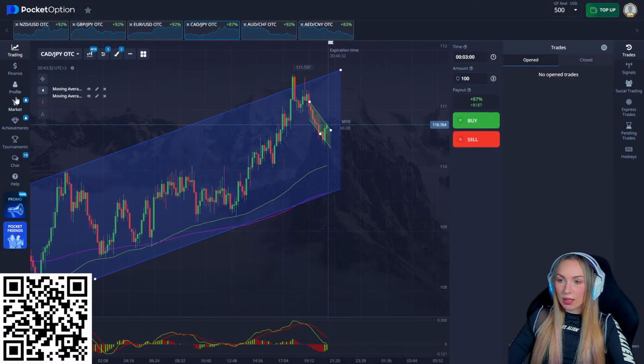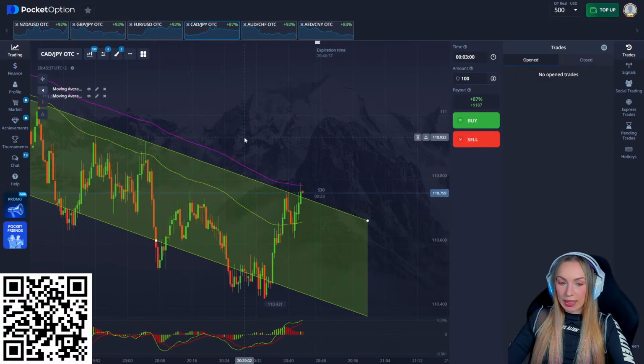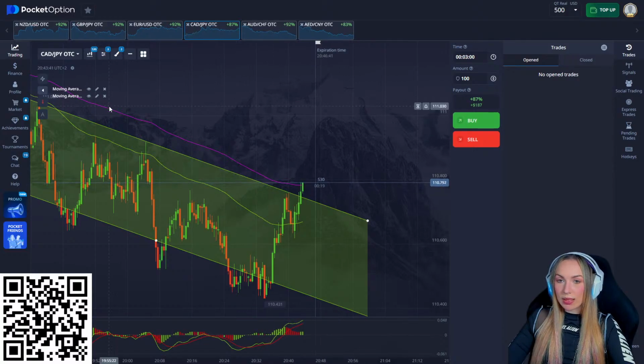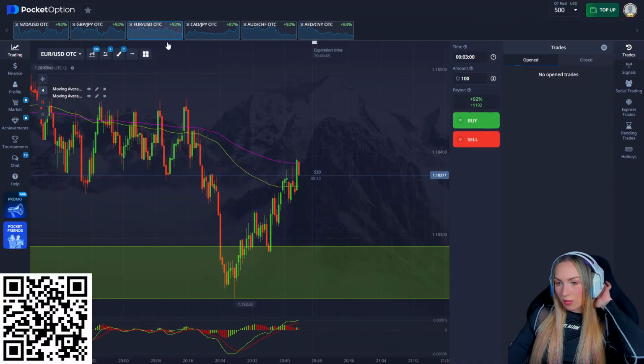But it doesn't mean that it can't go up again and touch the resistance, which is much higher than here, and we can't see it on the 30 seconds time frame. So CAD right now, I'm watching it.